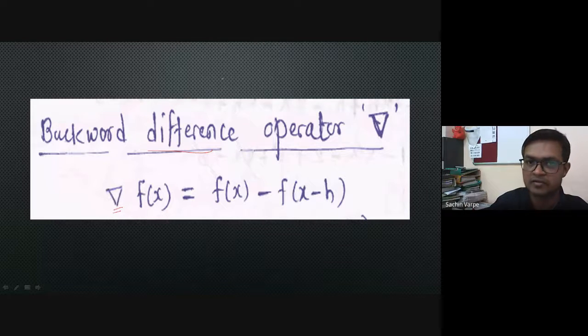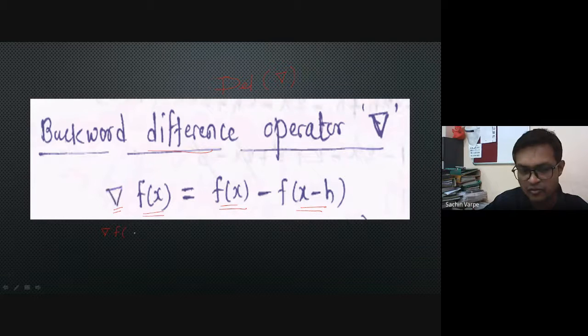This is called del, backward difference operator. Ulta delta, right? It will be del, and that is what, वहीं से आप पीछे वाले को सब्ट्रैक्ट कर रहे थे, f of x minus f of x minus h. Like del of f of x naught तो नहीं होगा ना, क्योंकि x naught के पीछे वाला आपके पास है ही नहीं. Our first point is x naught, then x1 y1, x1 x2 and so on.